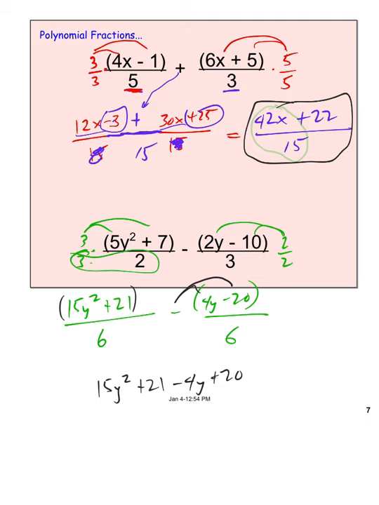So that would be plus 20. And that's all going to be over our common denominator of 6. And so we combine like terms again, and we've got a 15y squared. We still have the minus 4y. And then we have plus 21 and plus 20, so plus 41 all over 6.